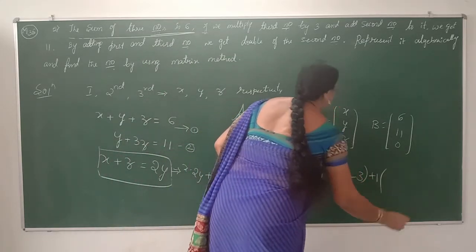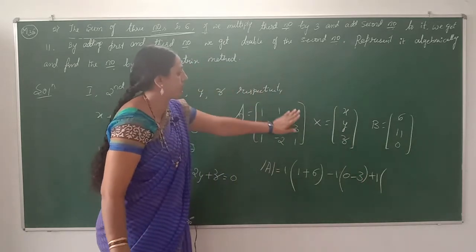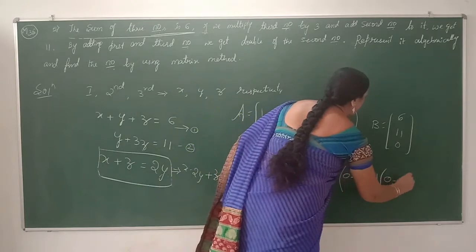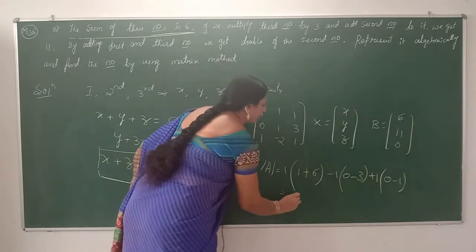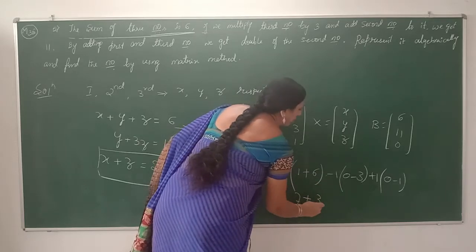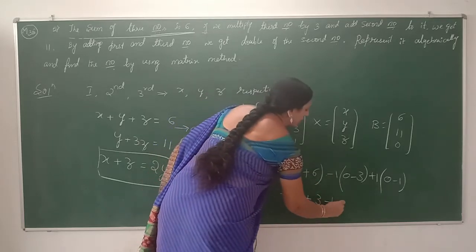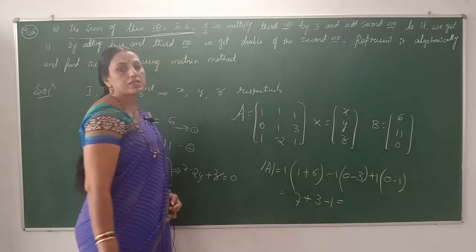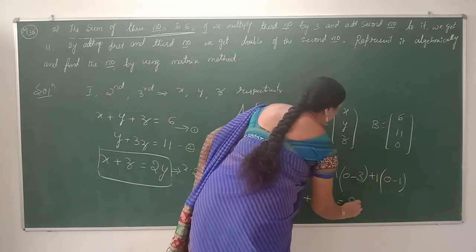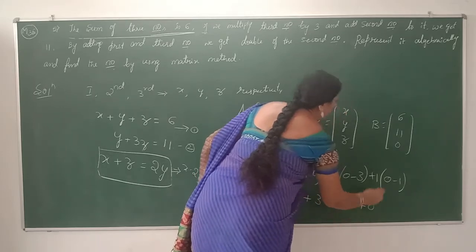The third element is 1, and the remaining are cross multiplied, 0 minus 1. That is 1 plus 6 is 7, plus 3 is 10, minus 1 is 9. So it is not equal to 0.